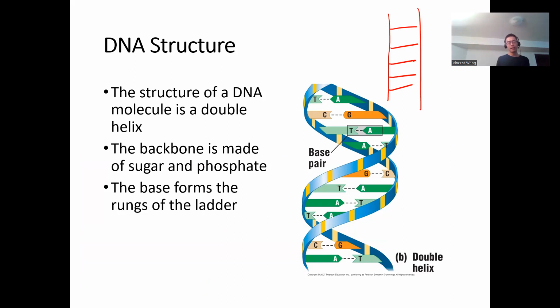Now take a look at the structure here. Okay, the blue and the yellow, that is the sugar phosphate backbone. All right. So in our nucleotide, we have the phosphate attached to the sugar.